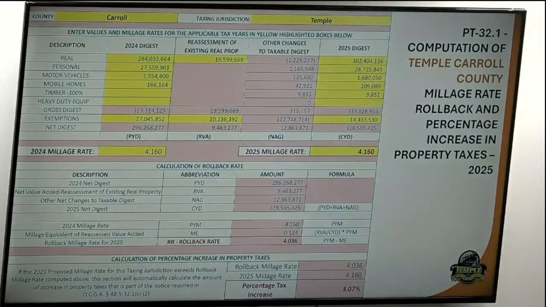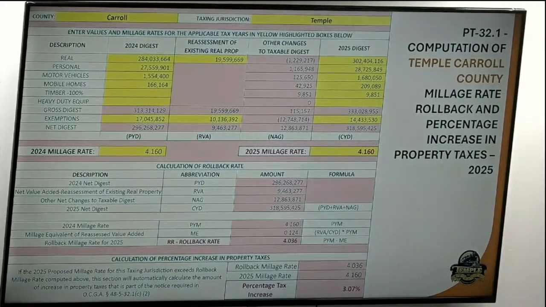And based on that formula, which you can see here, it gives us a rollback millage rate, once again provided by the county. And you must get to that number below to not have to advertise a percentage tax increase.